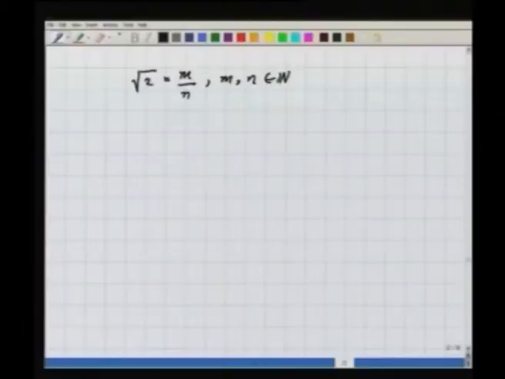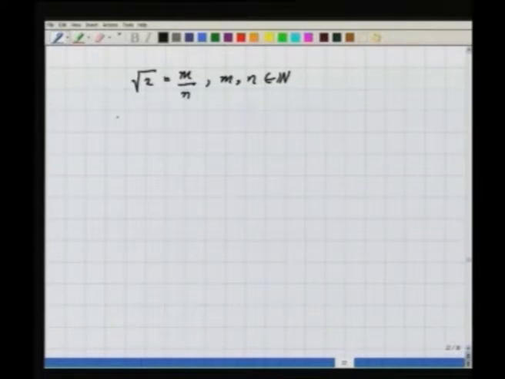Let us see whether √2 is a rational number or not. To prove that, what we do is we assume the opposite of what we want to prove. That is, I will assume that √2 is a rational number, and I will try to get a contradiction out of it. So, if I assume √2 is a rational number, then I can write √2 equals m by n, where m and n are natural numbers, and I also assume that m and n have no common factor, because if there is a common factor between m and n, I can certainly cancel those factors.